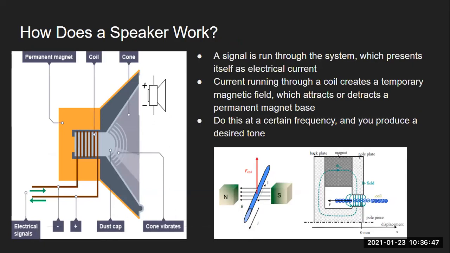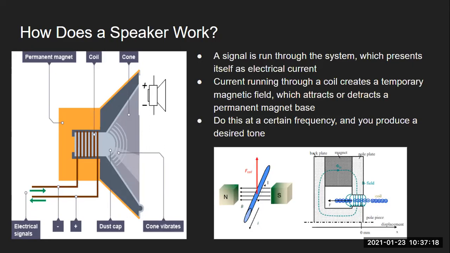So, more specifically, some of the terminology applied to how a speaker might be, and we have a nice little diagram too of what's happening in the motor down on the bottom right. If you're familiar with your E&M stuff from Physics 3, you'll remember a length of wire going through a magnetic field will result in a force that is normal to the field, by the right-hand rule.